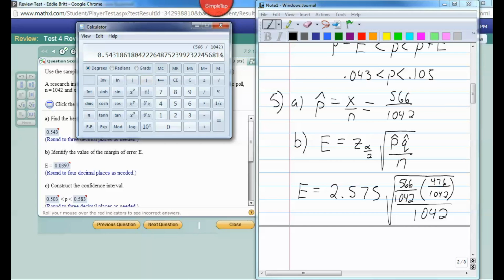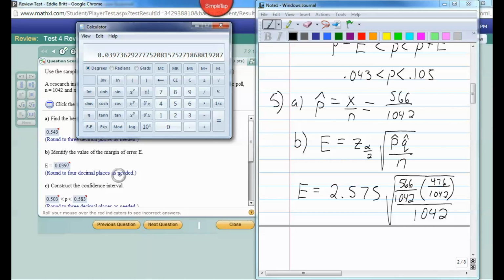So I have this fraction, 566 over 1,042, times 476 over 1,042, and then divided by 1,042. That's what's under the radical. Take the square root of that, and then multiply it by 2.575.